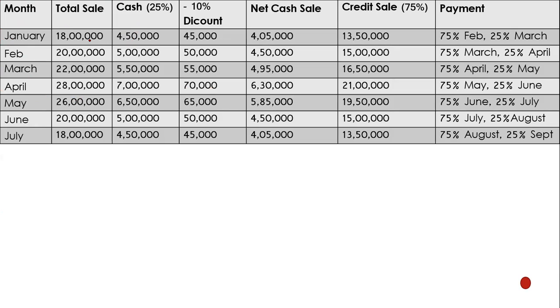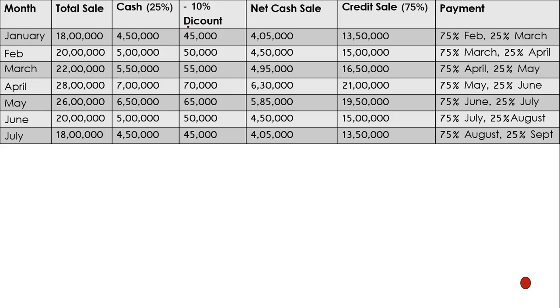So 25% of 18 lakh is 4 lakh 50,000. 25% of 20 lakh is equal to 5 lakh. 25% of 22 lakh is equal to 5 lakh 50,000. 25% of 28 lakh is equal to 7 lakh. 25% of 26 lakh is equal to 6 lakh 50,000. 25% of 20 lakh is equal to 5 lakh. 25% of 18 lakh is equal to 4 lakh 50,000.